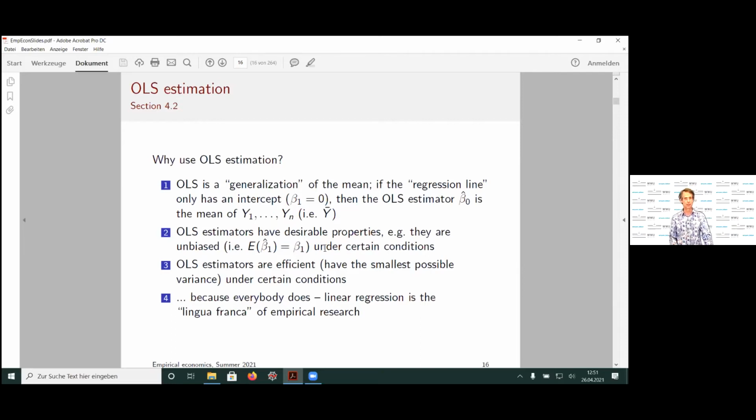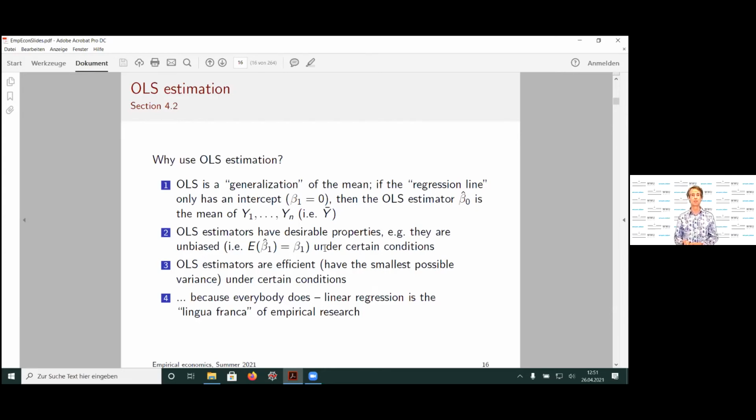What does that mean? That means that for the particular data we have, our estimator might actually deviate from the true value. But this OLS approach ensures that if we would repeat drawing data again and again, then on average, we would get the true value.